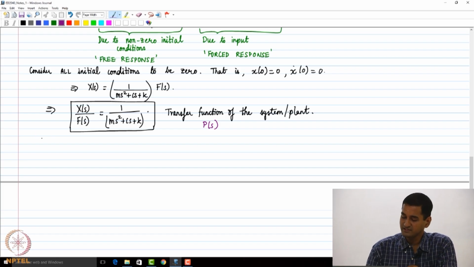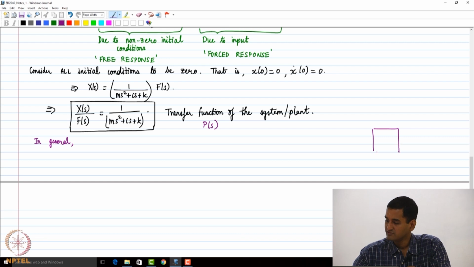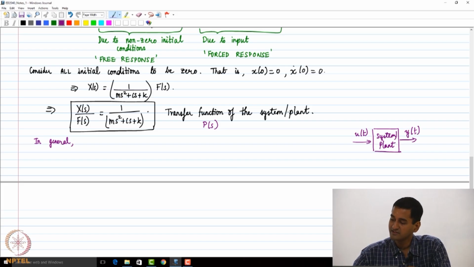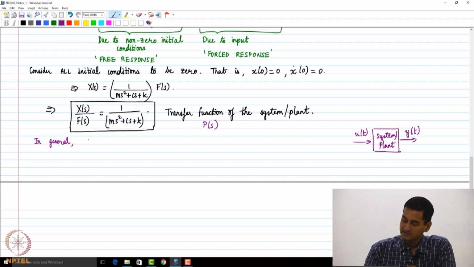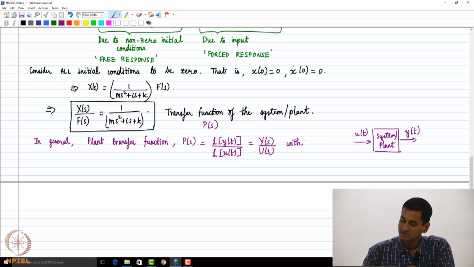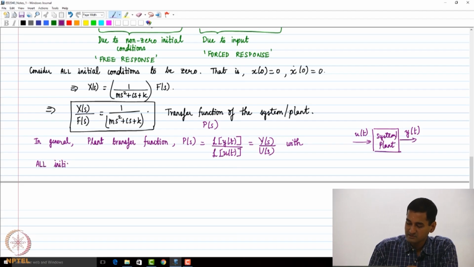So in general, if we have the system or the plant to be an entity to which we provide an input u of t and we get an output y of t, the plant transfer function P of s is going to be equal to the Laplace of the output divided by the Laplace of the input variable, which we denote as capital Y of s divided by capital U of s, with all initial conditions taken as 0.